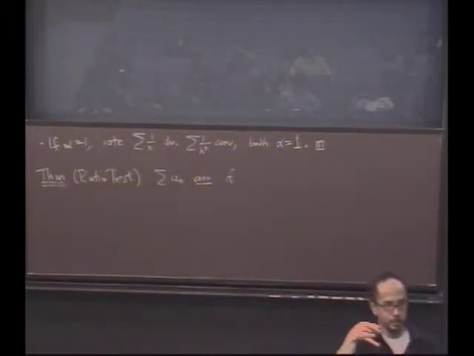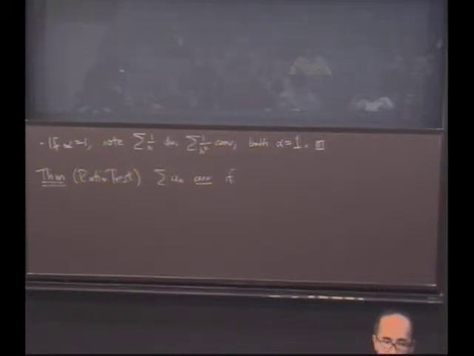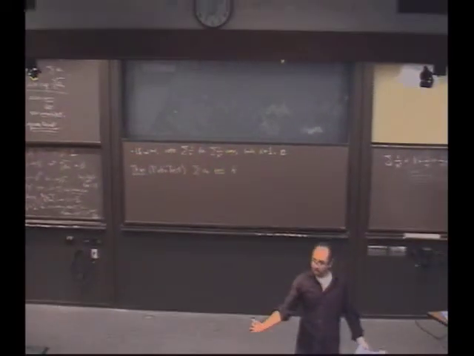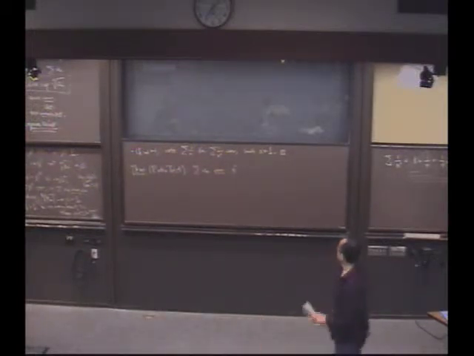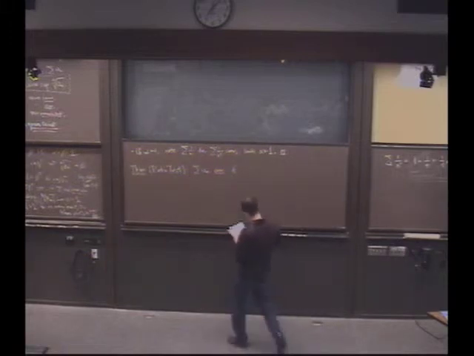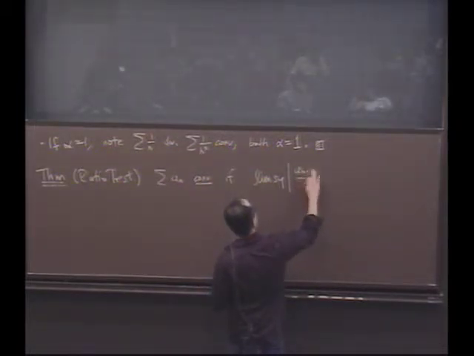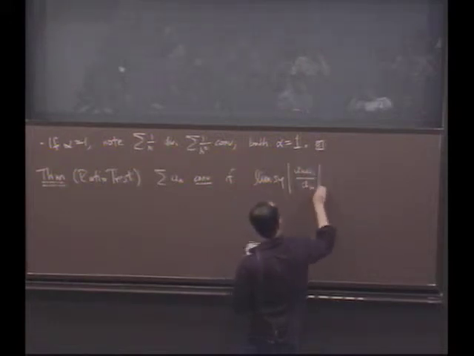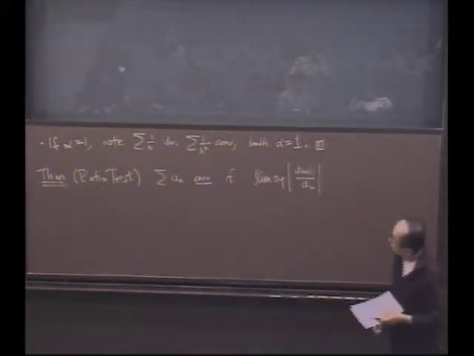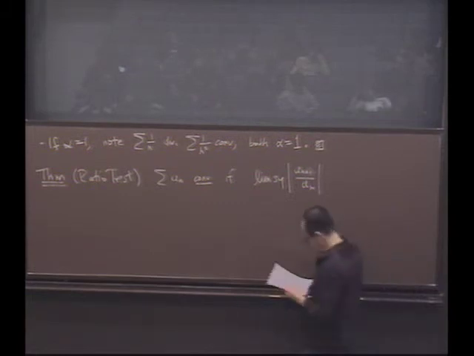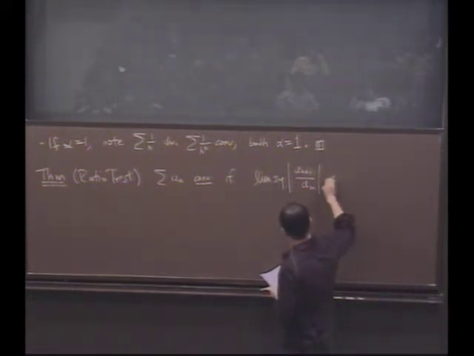Well, what do I do with those ratios of successive terms? You might say take their limit, but again, the limit may not exist. That's a high school version, right? You give a simple case. But in this case, we're going to look at the lim sup of the ratios a sub n plus 1 over a sub n. And it converges if this lim sup is less than 1.